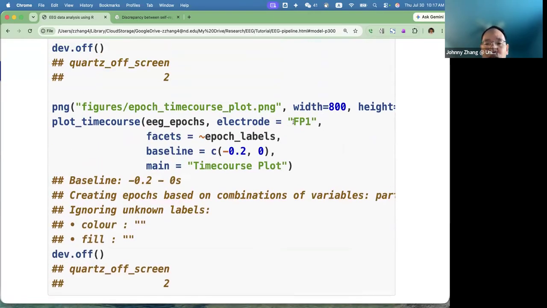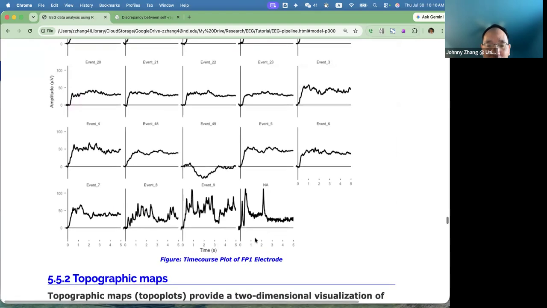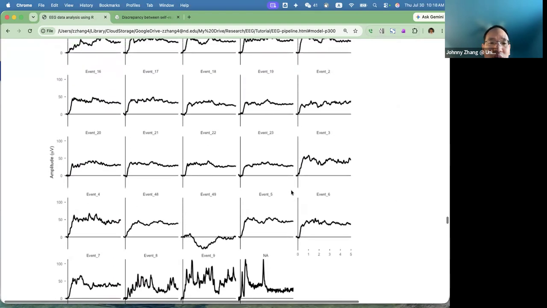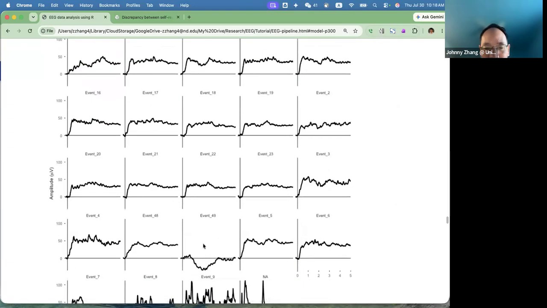You can also select a particular electrode and then plot each individual event. So for example, this is a plot of the FP1 electrode for each event here. Event 2, notice event 18.